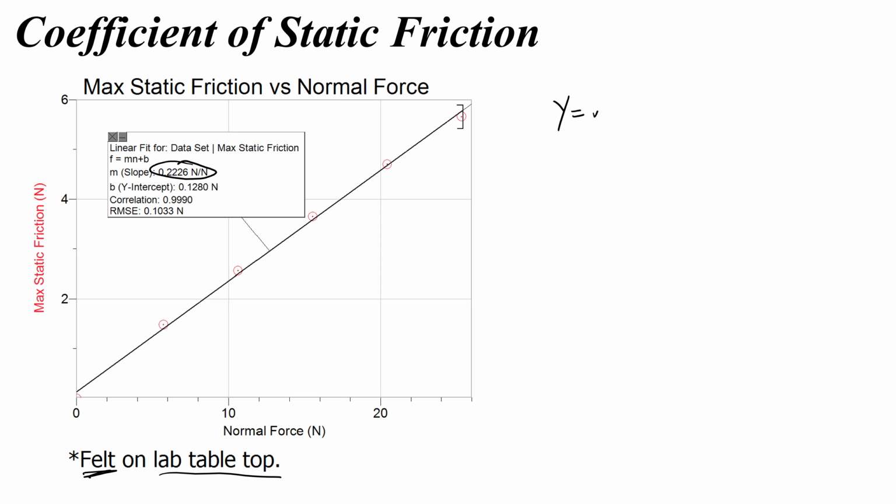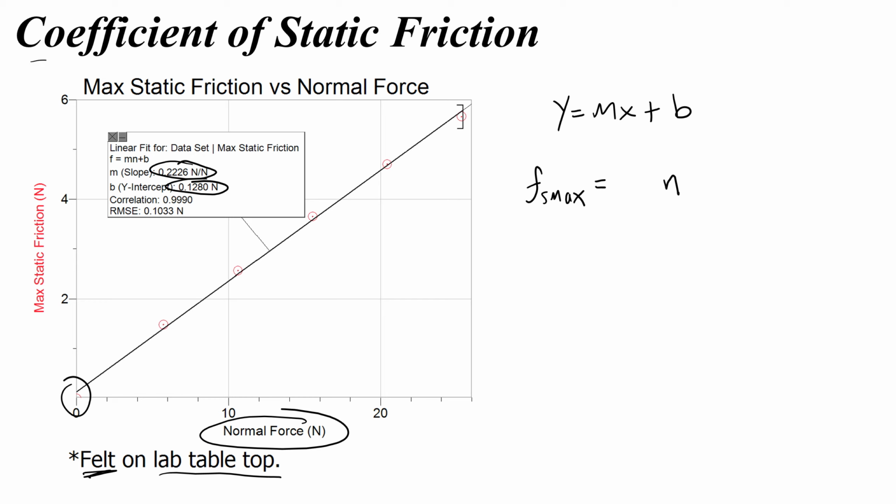So I'd have the equation y equals mx plus b, but instead of y, we've got maximum static friction, Fmax, and instead of x, we have normal force, which we would write as N. And in this case, the y-intercept is very, very small, and we can pretend that it's basically 0. And the slope we call the coefficient of friction. So we would call this mu s for the coefficient of static friction.